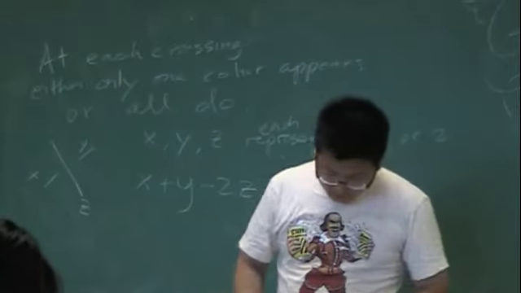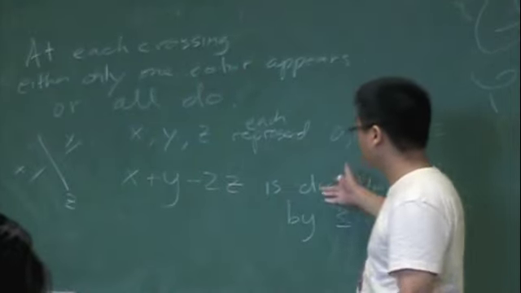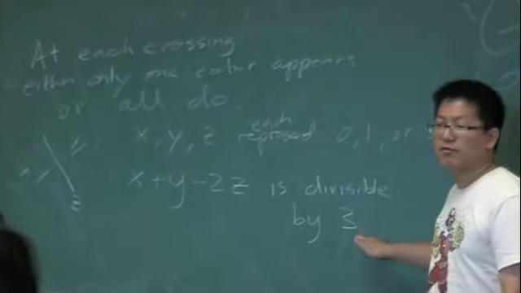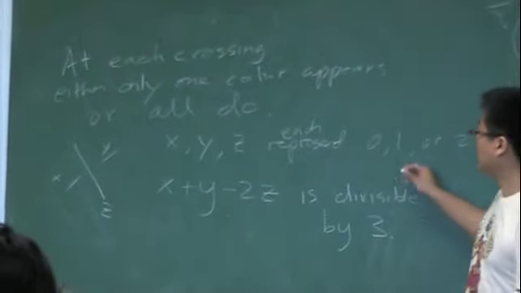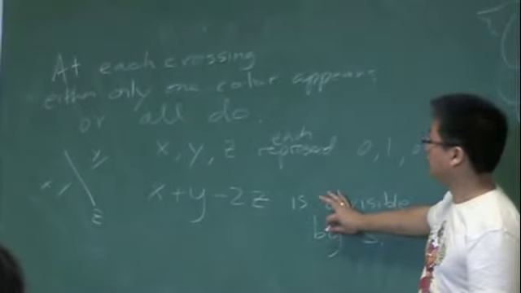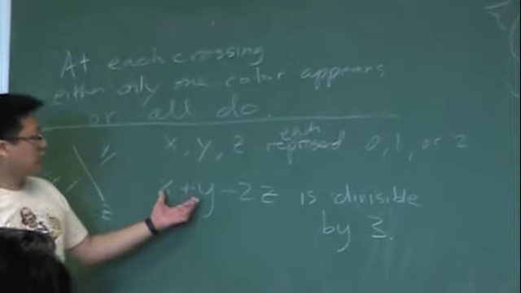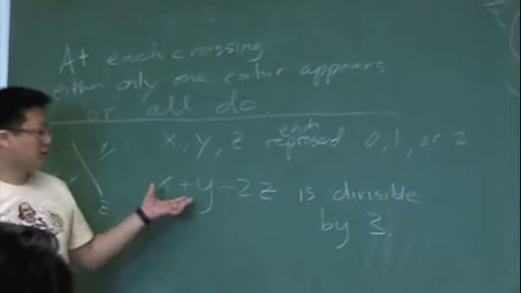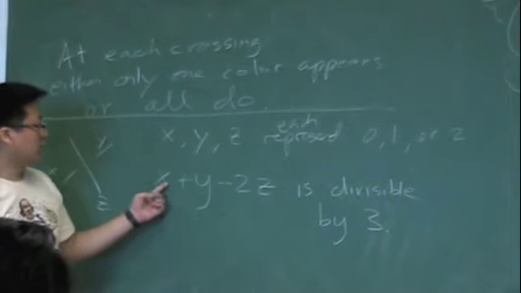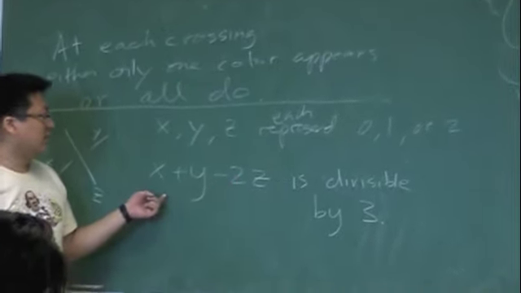Okay? In the problem, I have a similar equation, but I say divisible by 5 for 5-coloring. So this condition is basically the same as this. You might say this is not obvious, but just run through all the numbers. If they're all the same, like 0, 0, 0, then is that divisible by 3?